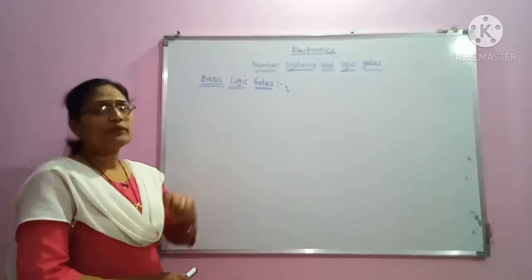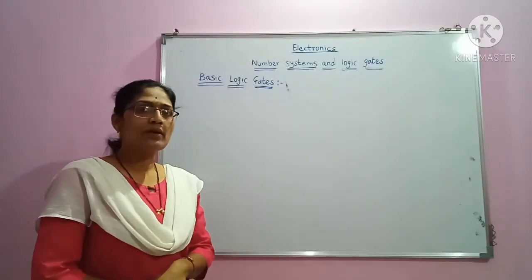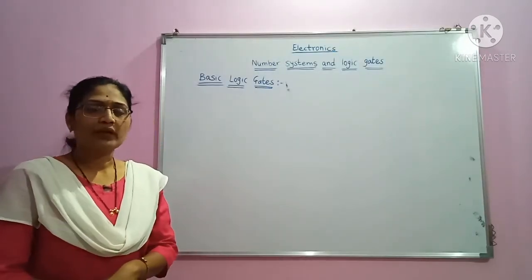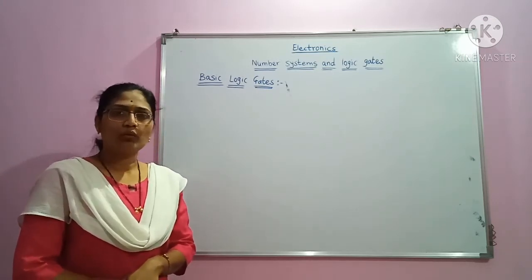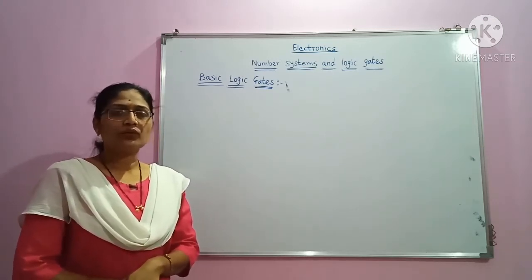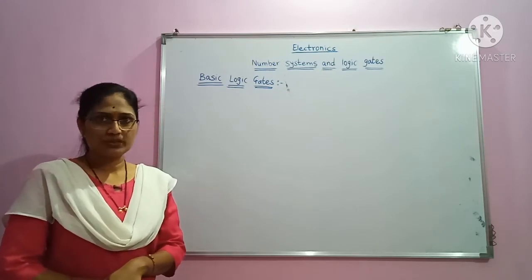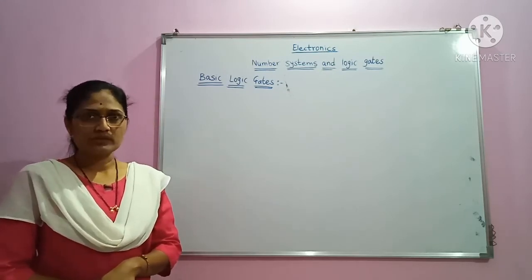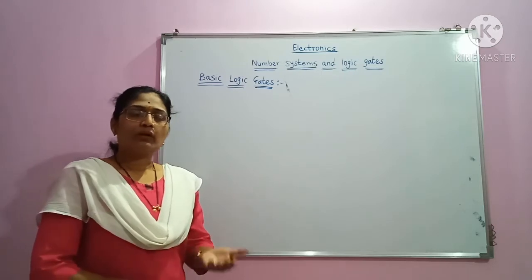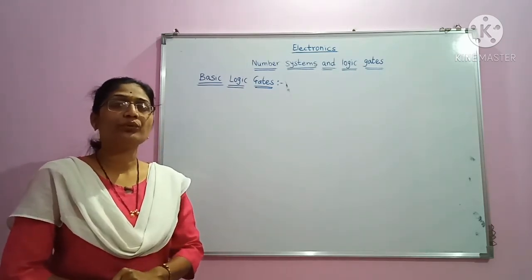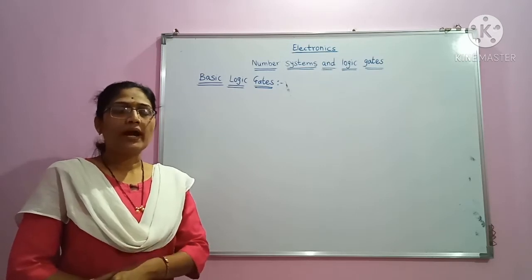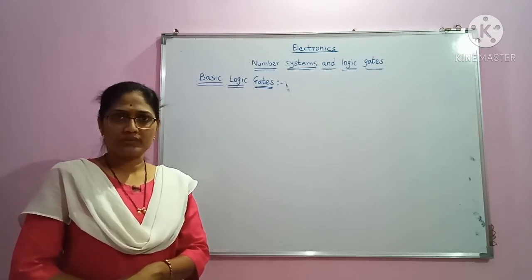Any logic circuit or any logic gate is represented by input and output, and the input and output will have only two states. That is, either high state, low state, or zero state, one state, or logic 0 and 1, on and off state, and also true or false state.